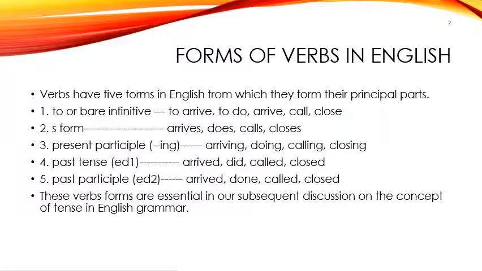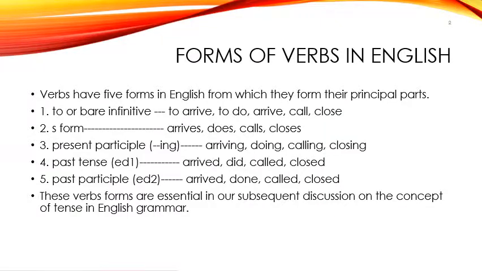But done is called irregular because we have it as did in past tense, and in past participle it is called done. And the other two left, called and closed, are all regular verbs that take ed to form their past tense and past participles. These verb forms are essential in our subsequent discussion of the concept of tense in English grammar.